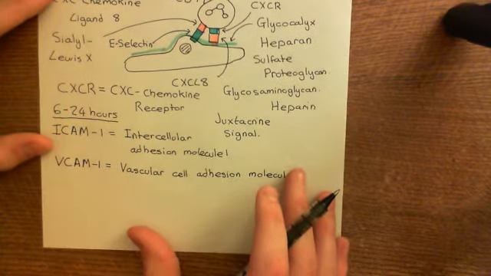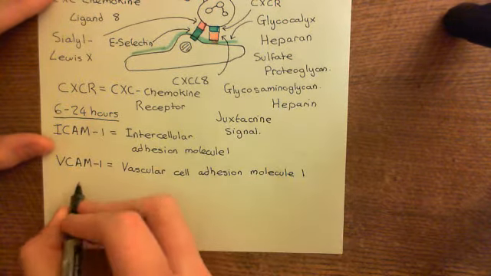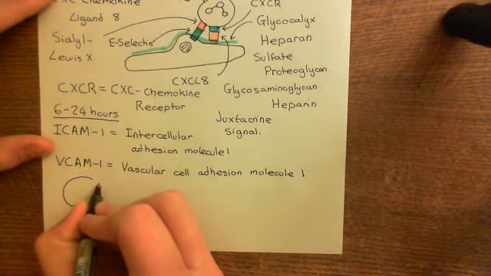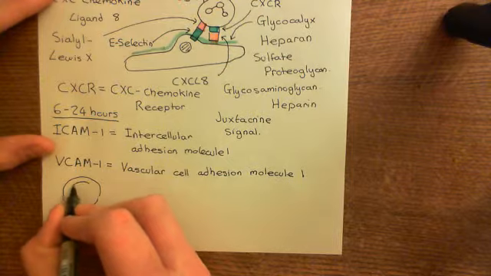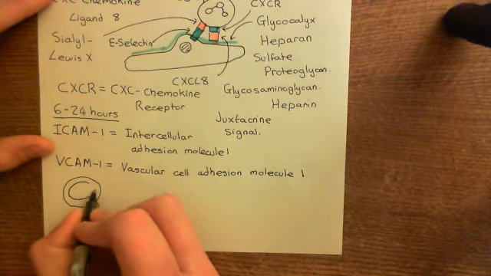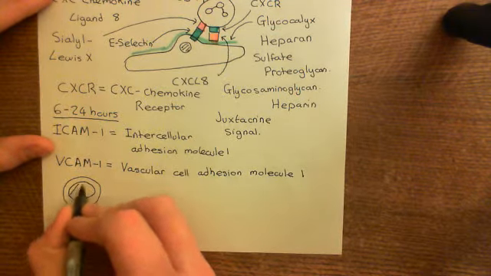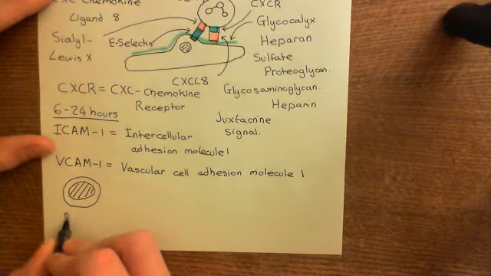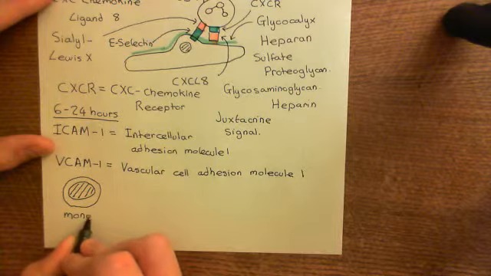Okay, so let me just give a little bit of a discussion as to what a monocyte is. So a monocyte is another form of white blood cell, and these have very large nuclei. Okay, so here is a single nucleus like this, and they circulate within the bloodstream, so this is a monocyte.